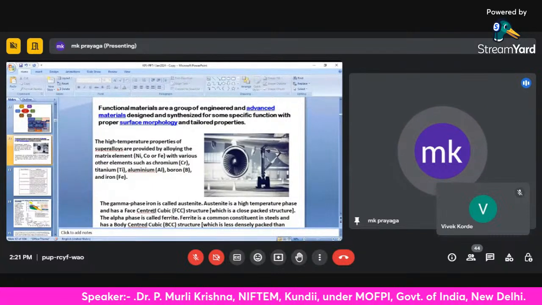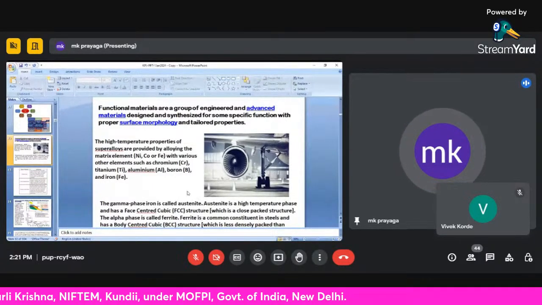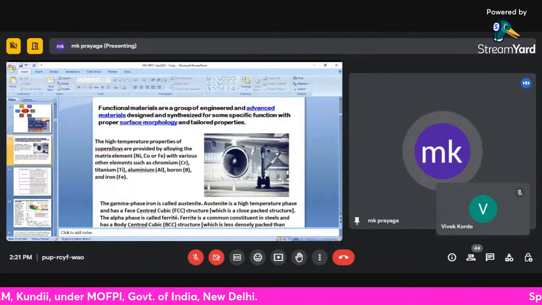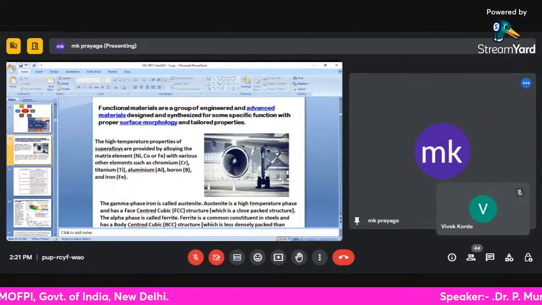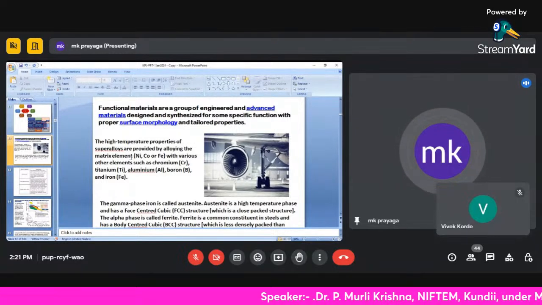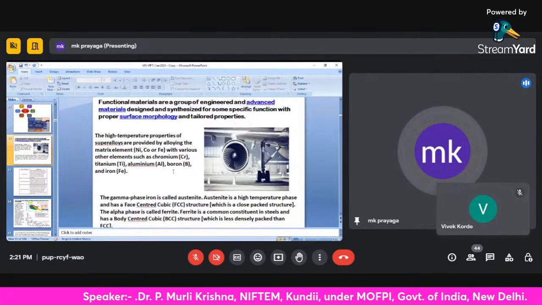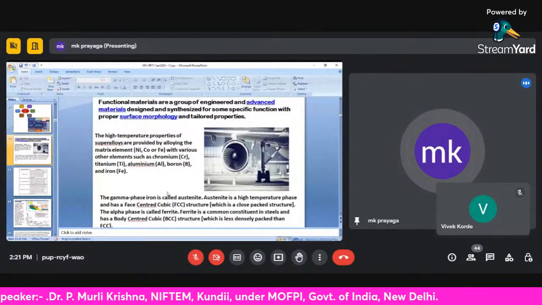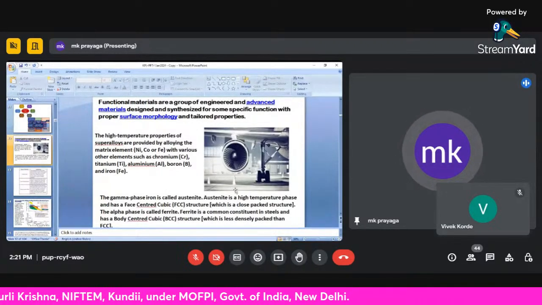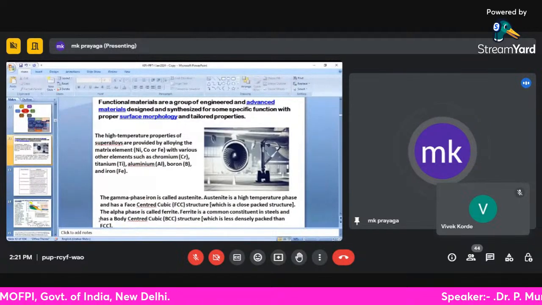This will give a very good lightweight material as well as strength enhancement, which is a requirement for this development. And of course, that will be combined with different matrix elements like nickel, cobalt, iron. This is one of the big areas people are looking at, either in turbines or fan blades. All these materials are to be developed there.